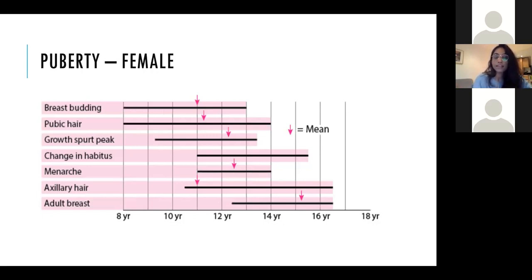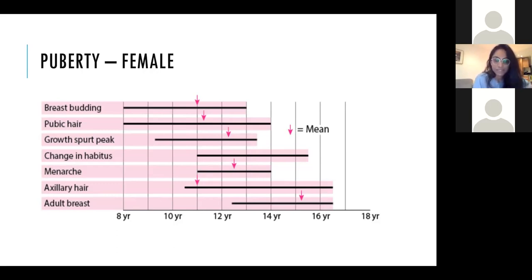In females, normally you have gonadarche first, and then adrenarche. But in males, sometimes you can have adrenarche before gonadarche.